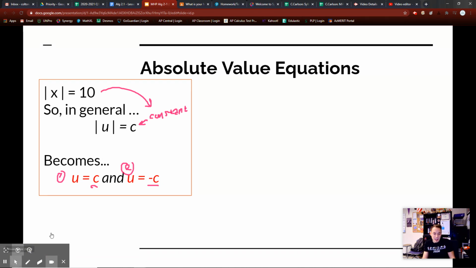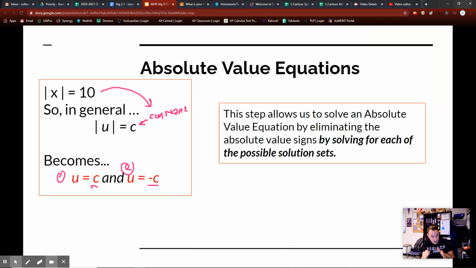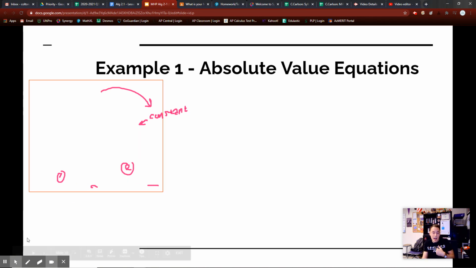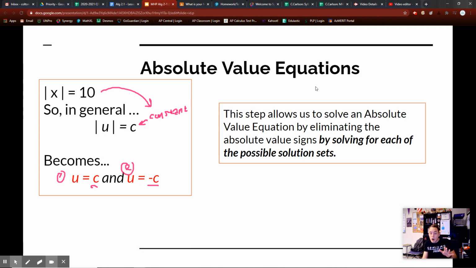What does that mean? This step allows you to solve the absolute value equation by eliminating the absolute value signs, which we need to do. Notice how there's no absolute value signs right here. They're completely eliminated by solving for each of the possible solution sets.